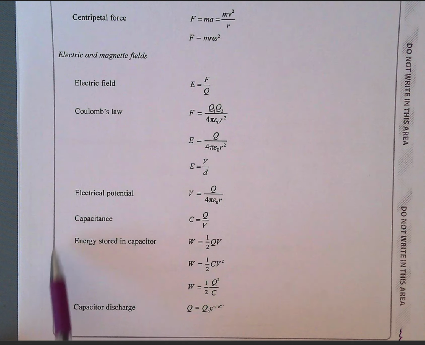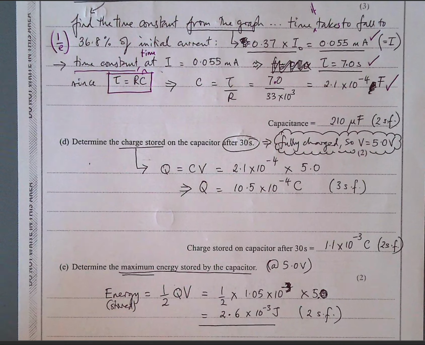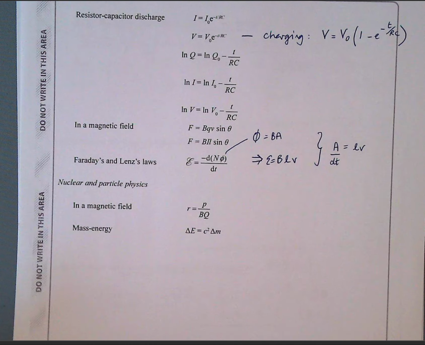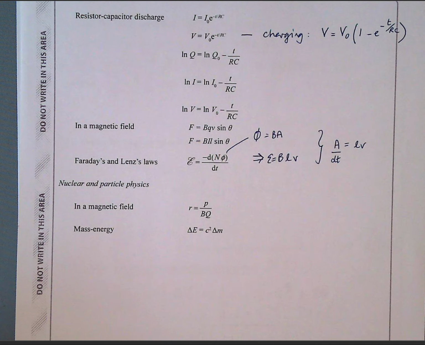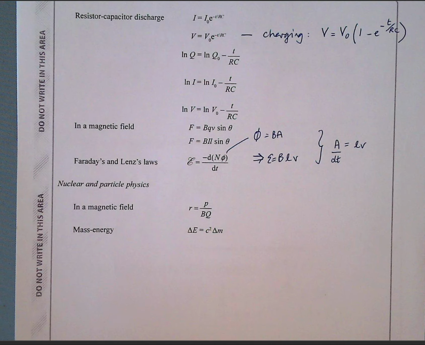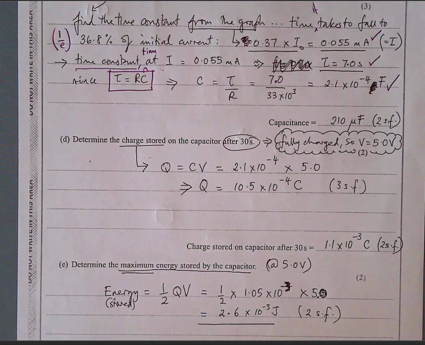So here's capacitance, and over the page, let's see if they've actually given you the time constant formula. No, there's not a time constant formula, but RC is the time constant. So they haven't actually told you that time constant is resistance times capacitance, but my students have been told that, and that was a focus.